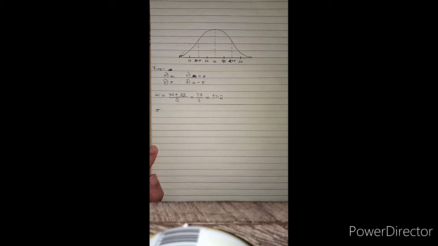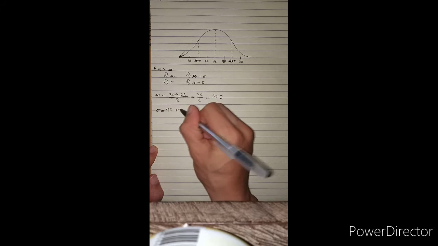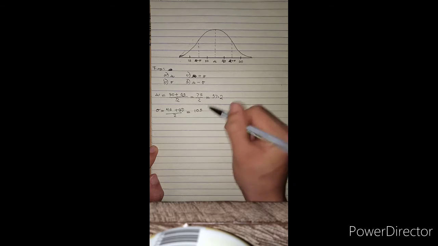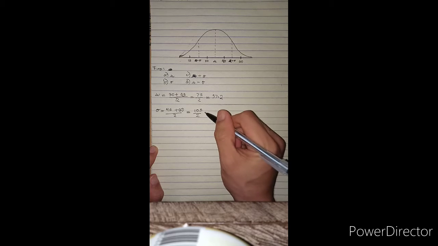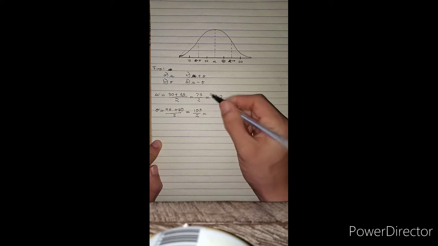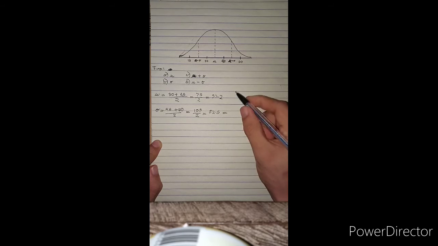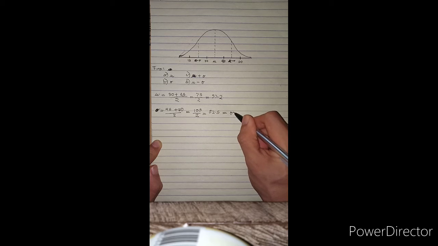So, given that 45 plus 60 divided by 2 is equal to 105 divided by 2, and that would be equal to 52.5, and this 52.5 would not be our standard deviation but our mean plus standard deviation.